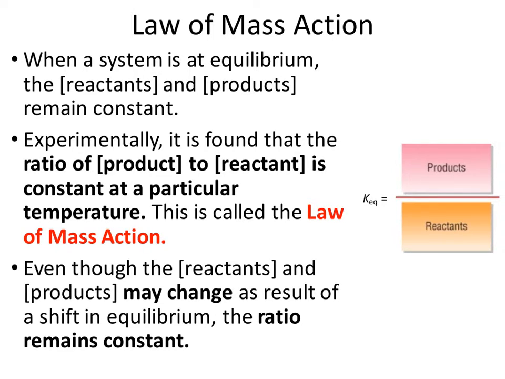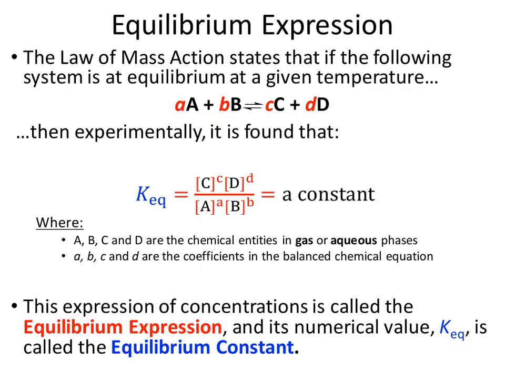Again, that is called our KEQ, or our equilibrium constant. So this equilibrium expression takes into account the law of mass action, which again states that the system at equilibrium at a given temperature is found to be the ratio between our products and our reactants. So in this case, we have our products C and D and our reactants A and B.